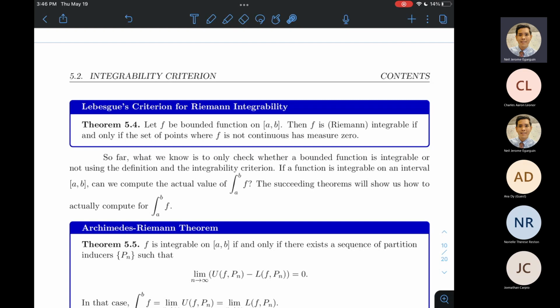So, yun yung sinasabi nito. Riemann integrable ka kapag continuous ka almost everywhere. Meaning continuous ka except sa isang set of measure 0. Okay? And this is an if and only if statement. So, covered dito yung 5.3 kasi sabi natin ang isang finite set ay measure 0. Dahil yung set na yun ay measure 0, so ibig sabihin by Lebesgue's criterion, integrable pa rin siya.